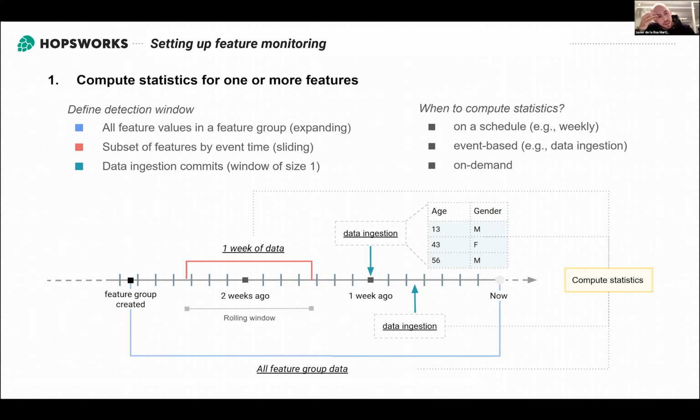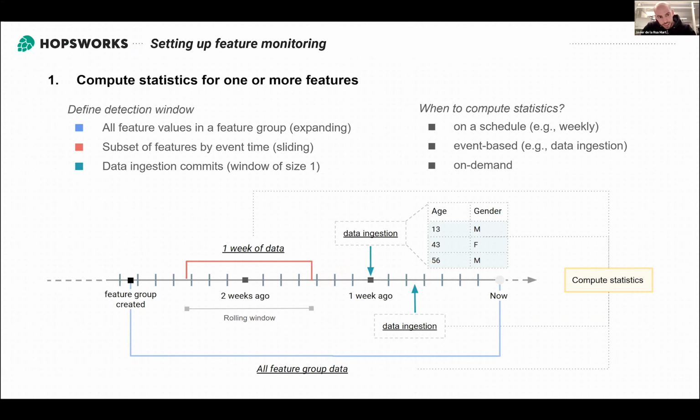And then you can also compute the statistics on a specific commit, so data that was ingested at one point in time. This is basically a window with length 1.